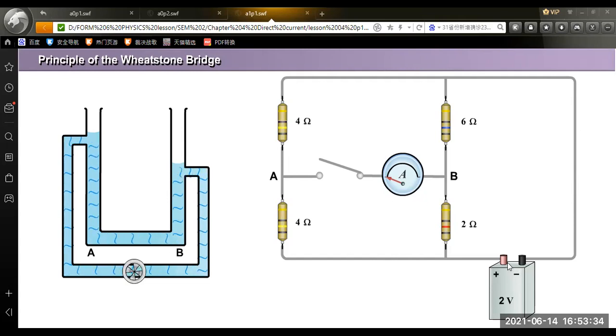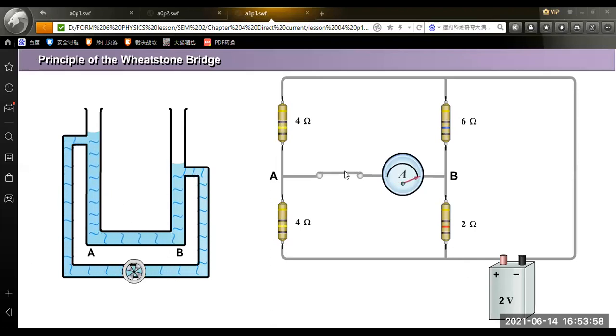Now, a battery with EMF 2 volt is supplied to the resistors. The diagram at the left side shows the concept of the flow of the current. Now the current flows.